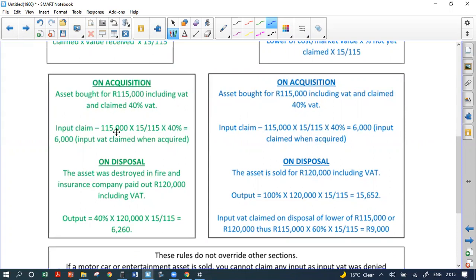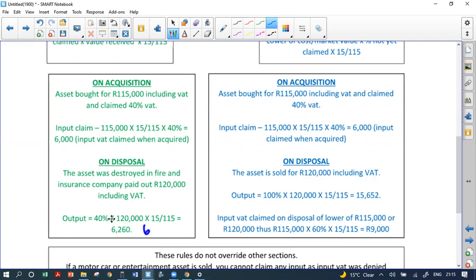So there's your input claim, 115,000 times 40%. On disposal, it says the asset was destroyed in a fire and the insurance company paid out 120. What's going to happen here, guys? Output VAT, because it's an involuntary disposal, I only claimed 40%, so I'm only going to charge 40%. Now look at the difference here, guys.